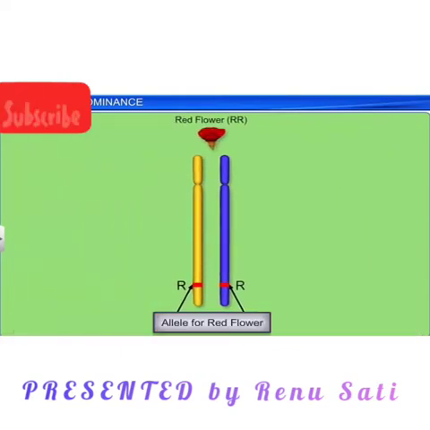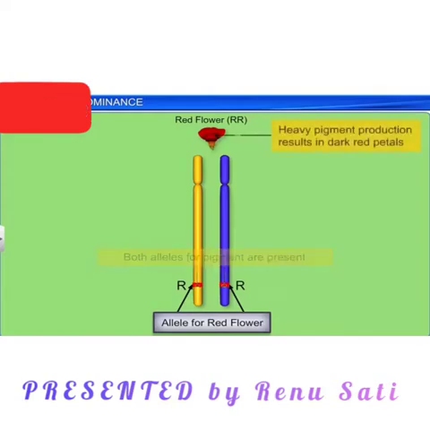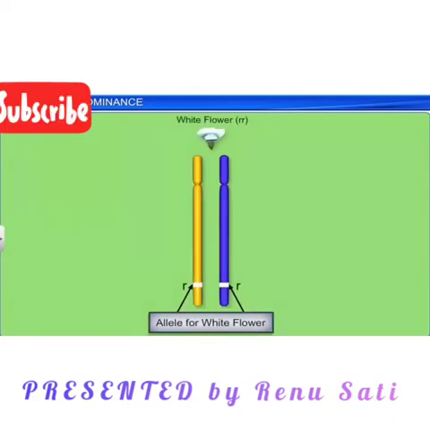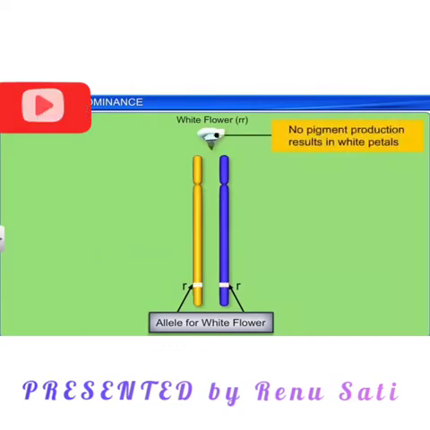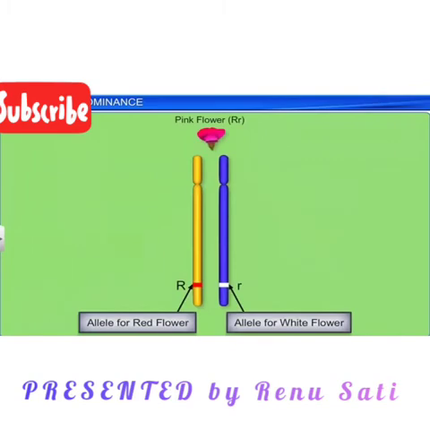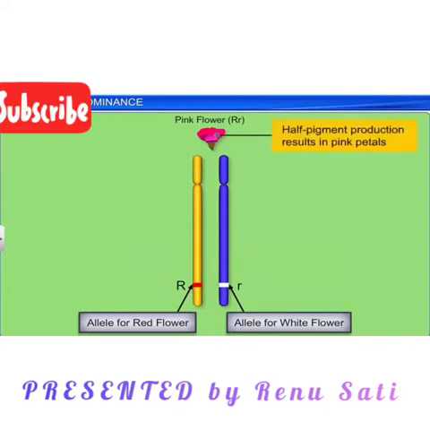For the explanation, it was given that the character for any trait is present on the same locus. For example, here the character of the flower color is present on the same locus in two different alleles, where the red color is able to express itself, able to give its color, only in the homozygous condition.